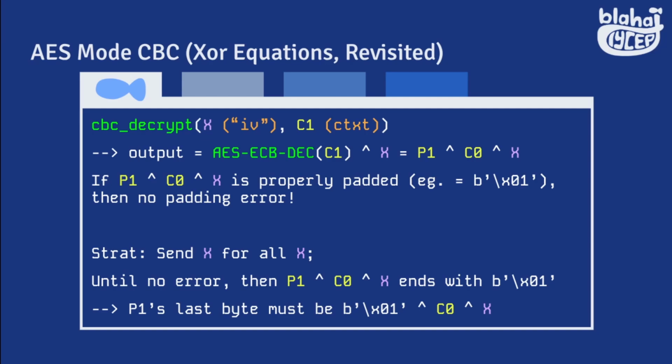Let's say we get the last byte of P1. If we know P1 ends with some character like A, for example, how do we find the next byte? We look at a bigger X, let's say X2, whereby we're not looking for it to end with \x01 anymore. We're looking for \x02\x02, because now we're looking for an X whereby the result is a valid padding of size 2.